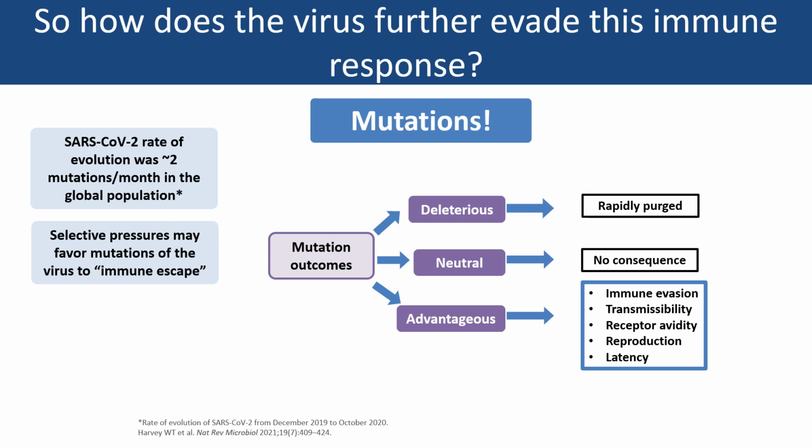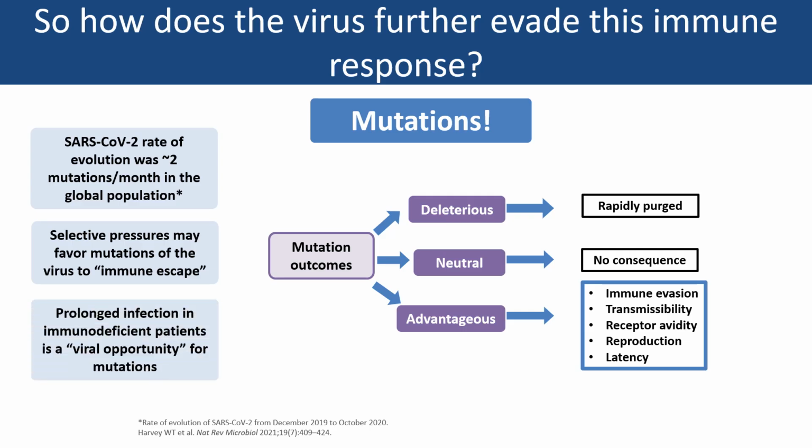These mutations mostly occur in otherwise normal hosts, but those hosts with compromised immune systems that do not allow them to clear the virus promptly provide the virus with a better opportunity to have a prolonged infection, giving the virus an opportunity to fine-tune its host evading or immune evading capabilities.